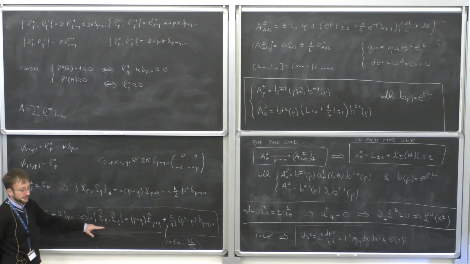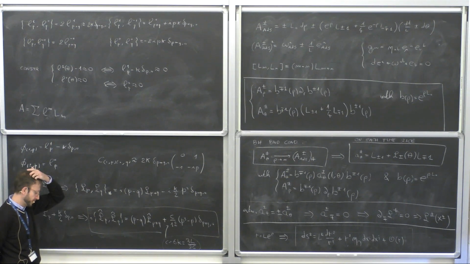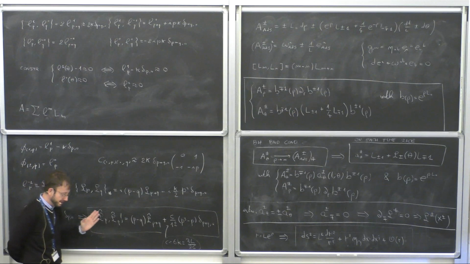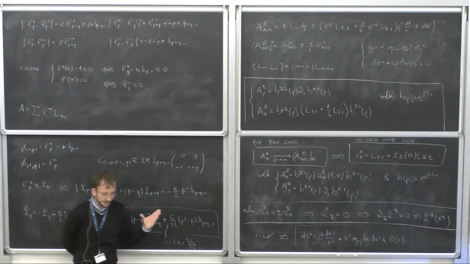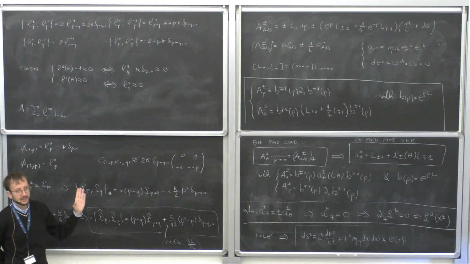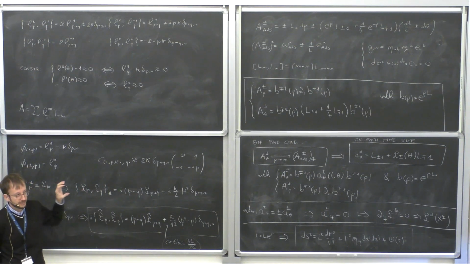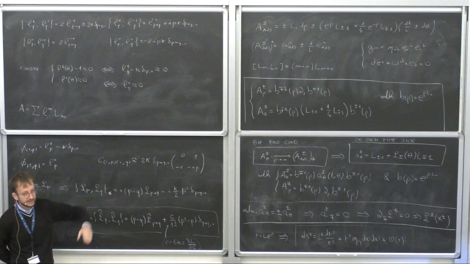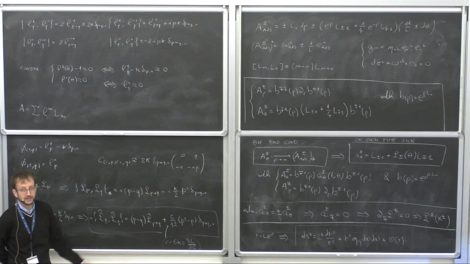So if you wish, what I did, and this construction makes it manifest, is the construction which is called Drinfeld-Sokolov reduction, in the sense that you start from an affine algebra, you put some constraints on it, and you get another type of algebra, which is just, in this case, the Virasoro algebra.